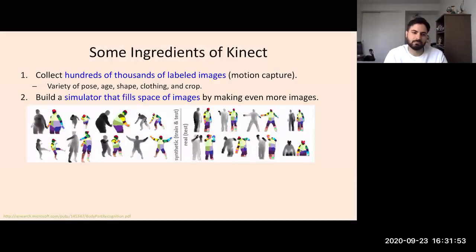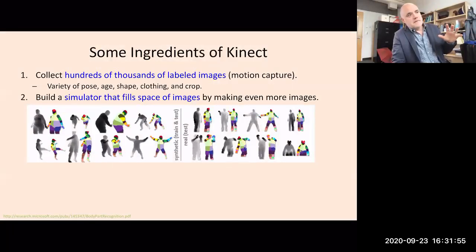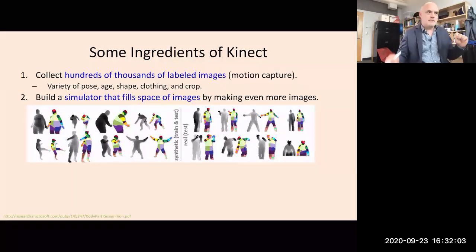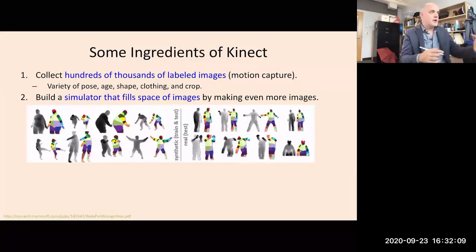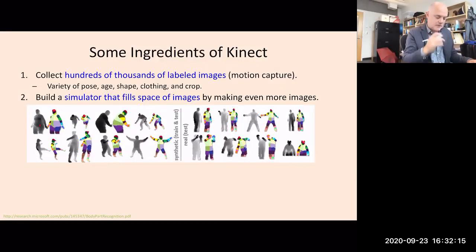We can also use simulated training data, where if we build a simulator that generates body poses and then render those, we can get both the depths, which is this grayscale image showing how deep each pixel is, and the corresponding label.